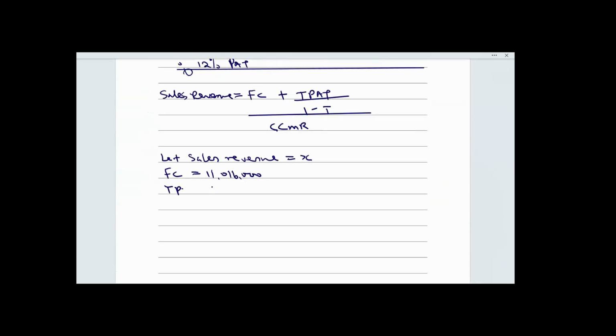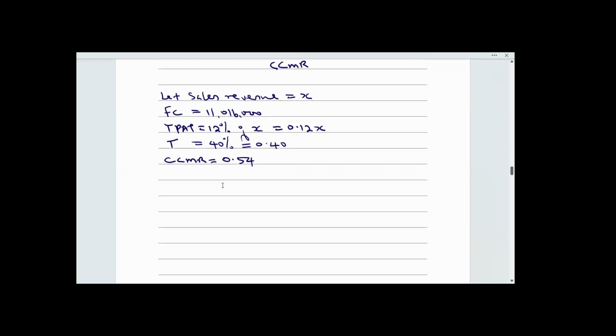The targeted profit after tax is 12% of sales revenue, and the sales revenue is X, so this will be 0.12 of X. The tax rate is 40%, which is 0.40. The composite contribution margin ratio we computed is 0.54. Then you slot everything into the formula.